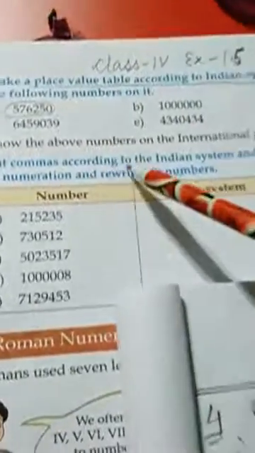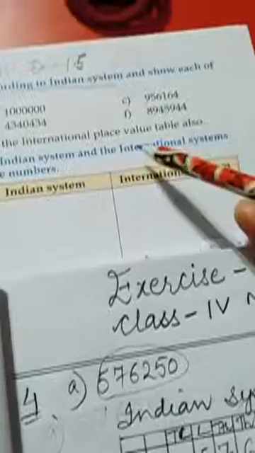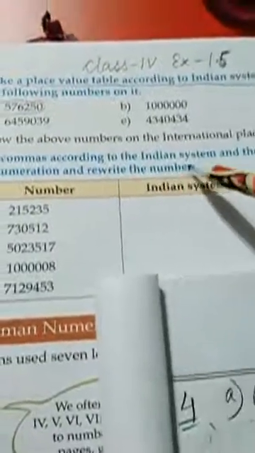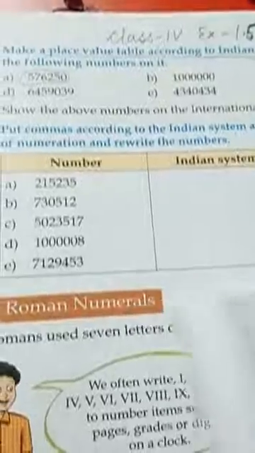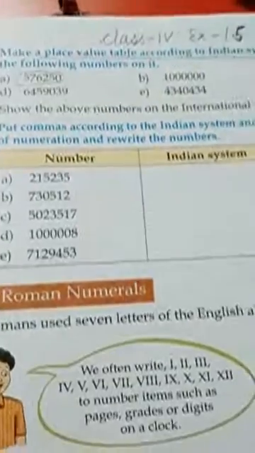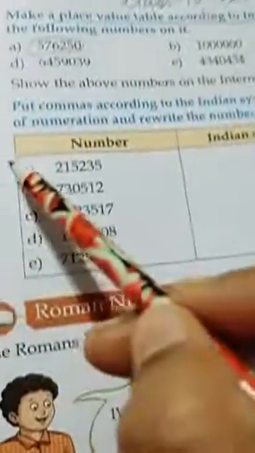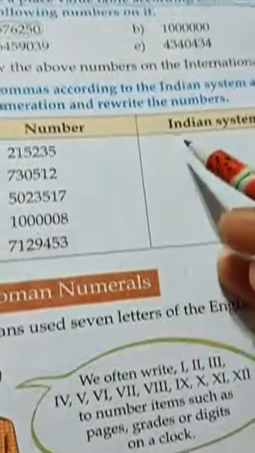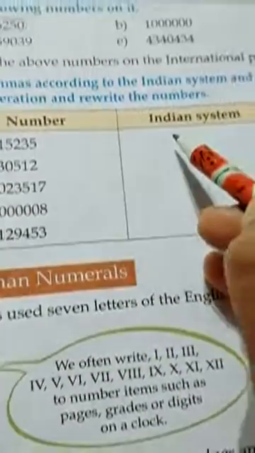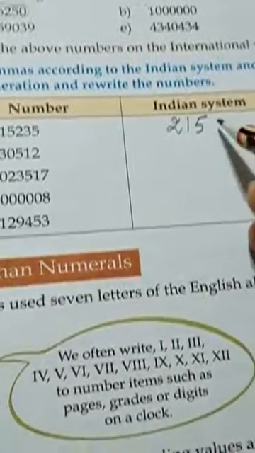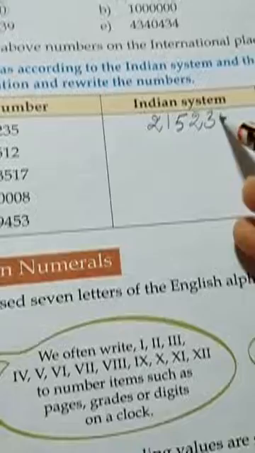Put commas according to the Indian system and the international system of numeration and rewrite the numbers. This sum we will do in the book and the notebook also. Now I will tell you how to do part A. Firstly, we will write the number 215,235.